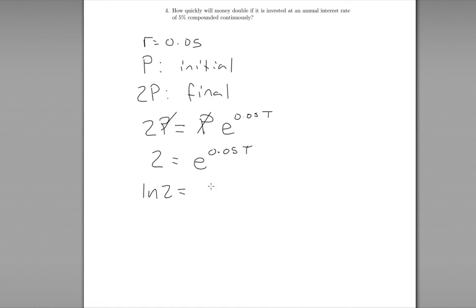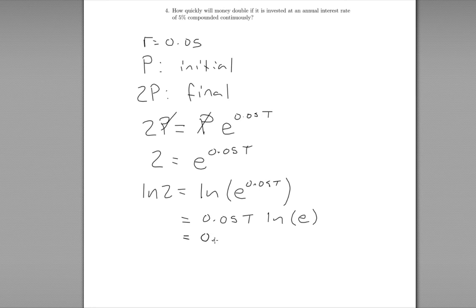If I take the natural logarithm of both sides, this becomes ln 2 on the left, and on the right-hand side we have ln of e^(0.05t). The exponent comes down, and this becomes 0.05t times the natural logarithm of e, and this is just 1.